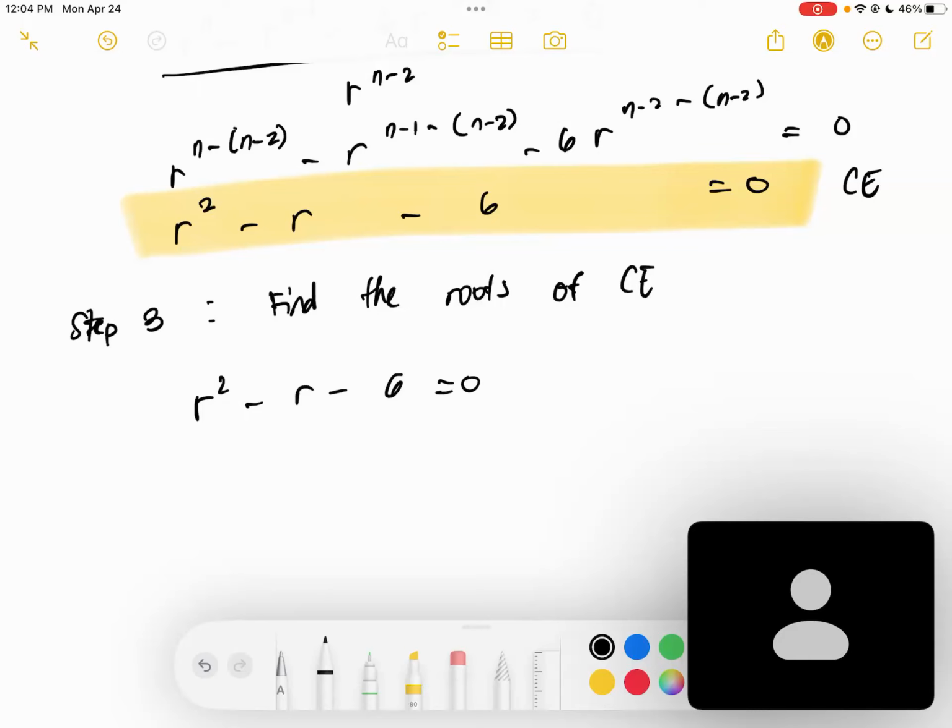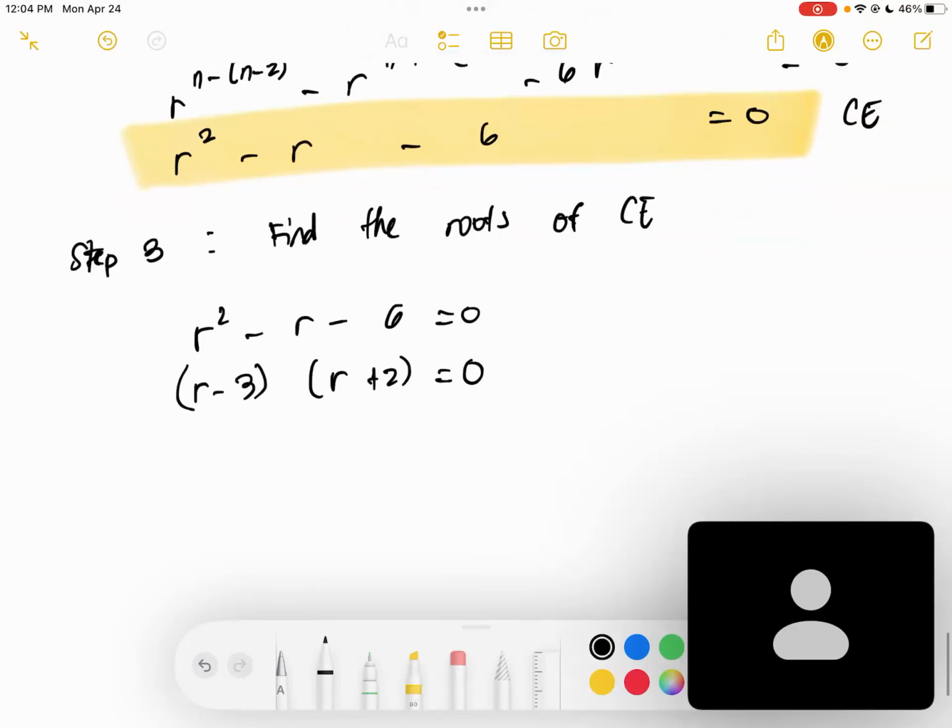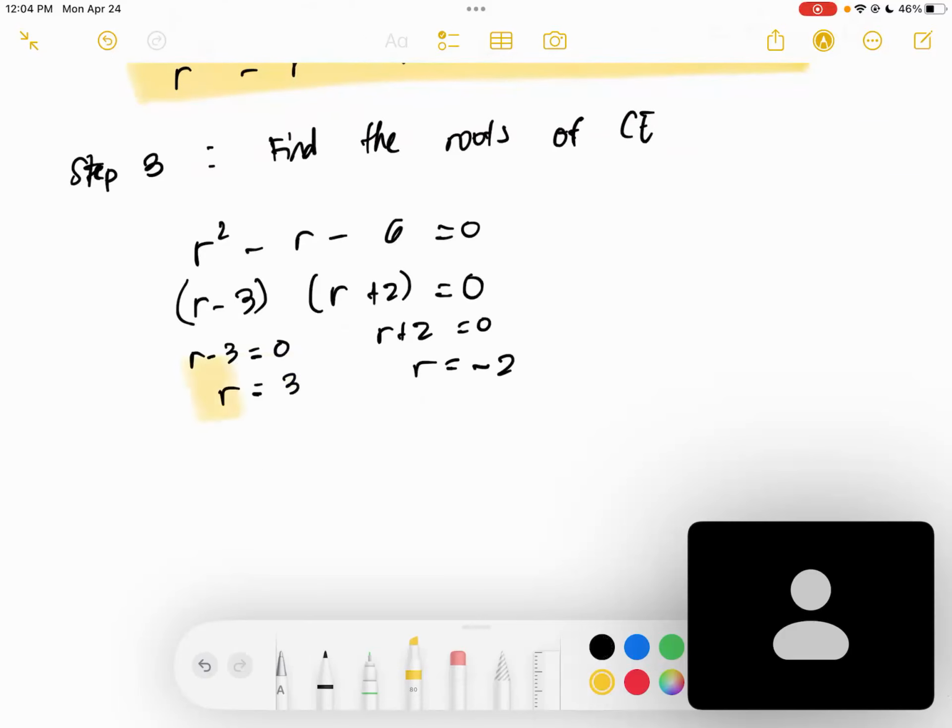The factors are r minus 3 times r plus 2 equals 0. If you multiply r minus 3 and r plus 2, it results in r squared minus r minus 6. If r minus 3 is equal to 0, the root for r will be 3. And if r plus 2 is equal to 0, then r will be equal to negative 2. So we have these two roots of the characteristic equation: 3 and negative 2.